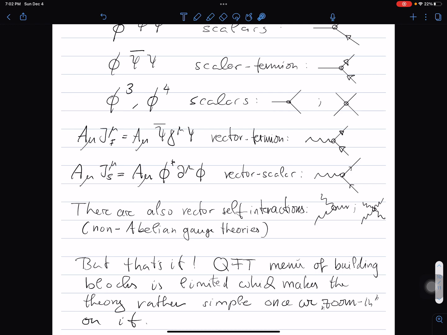And you could also have the photon field being coupled to the current of the complex field phi, which we showed in quite early lectures, where the conserved current is phi star d mu phi minus phi d mu phi star.